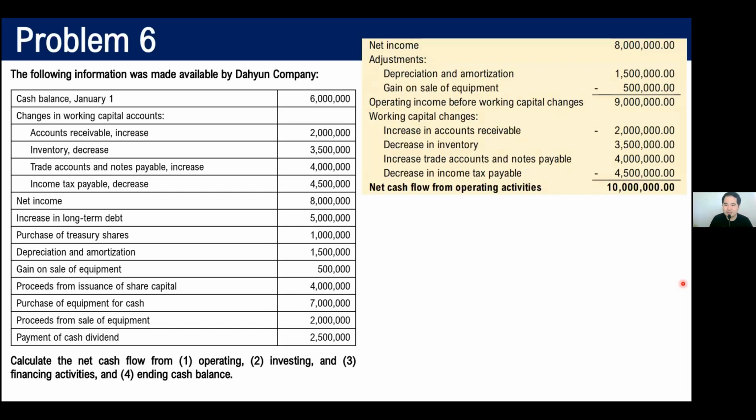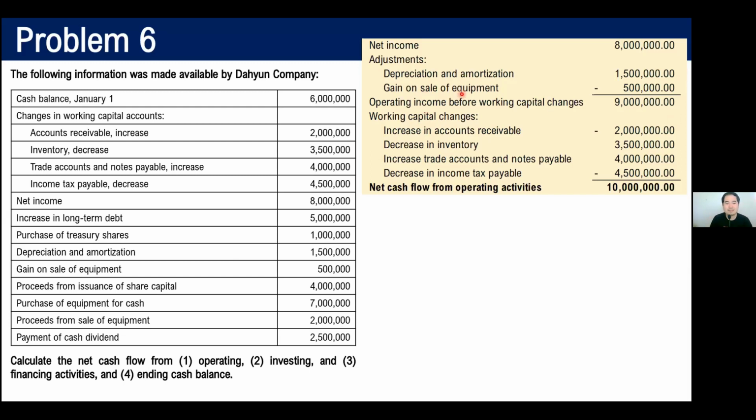This is your, ang tawag dito, operating activities. Okay. You start with your net income of 8 million. And then, indirect method ito mga kapatid ha. So, syempre, re-add po natin yung ating non-cash expenses, depreciation and amortization of 1,500,000. Tapos later po may makikita tayong sale of equipment eh.